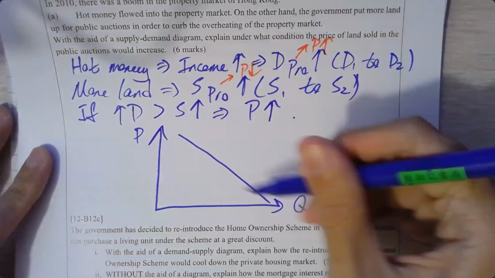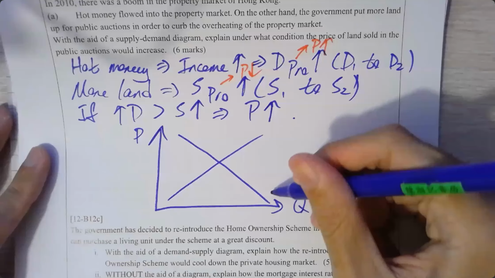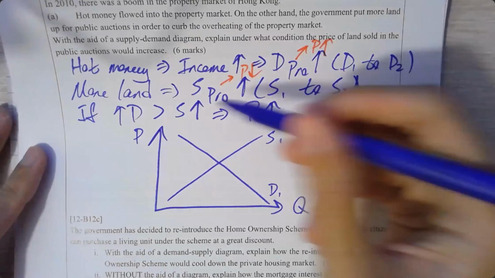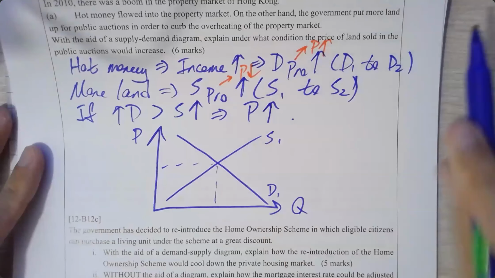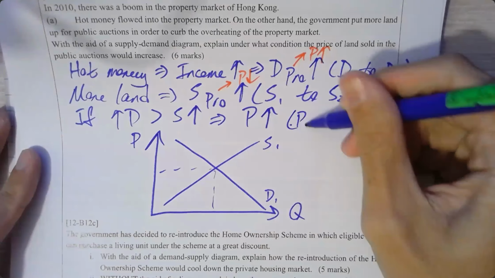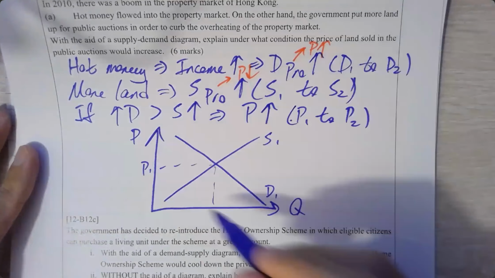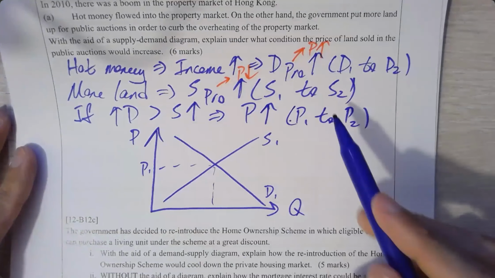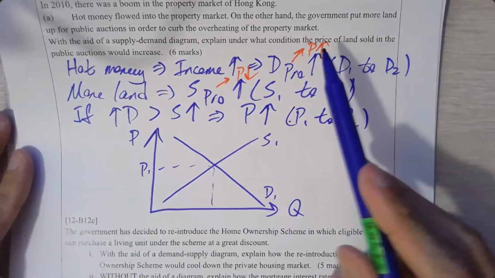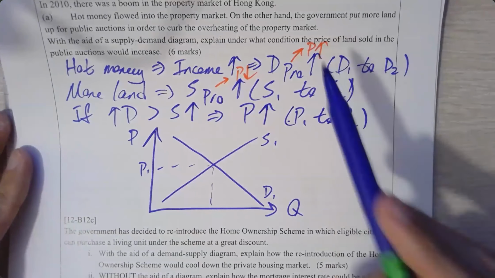Which would be like this. Let's start with a reference. D1, S1. Again, P1 to P2. This is P1. This time I won't mark Q1, because for this question, the main point is price.